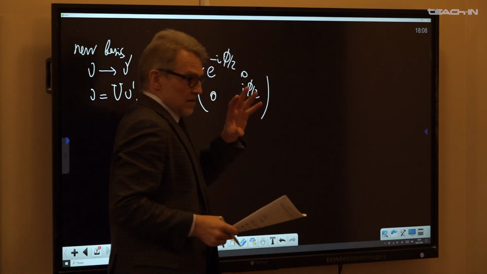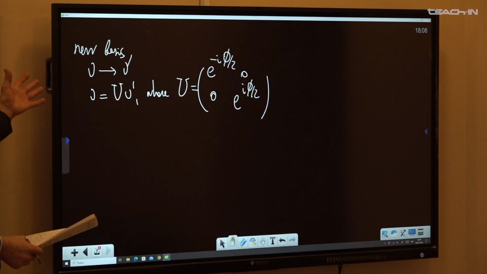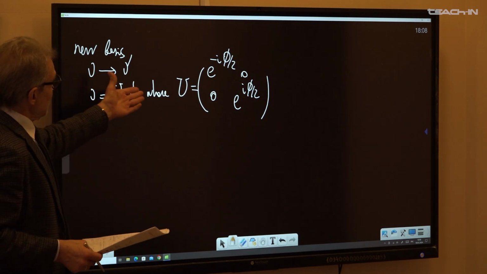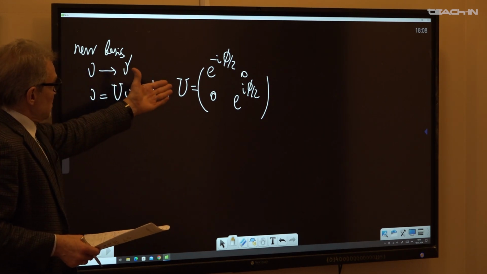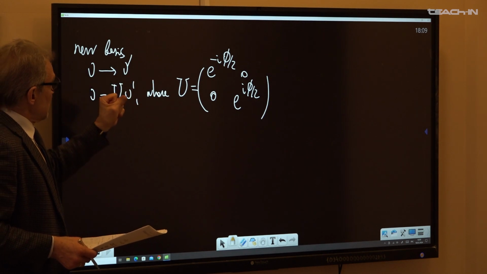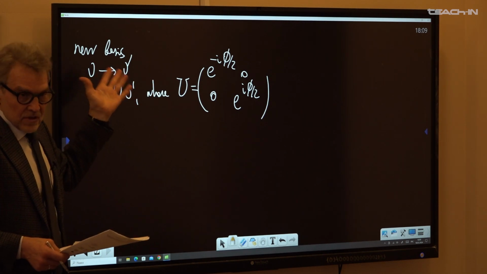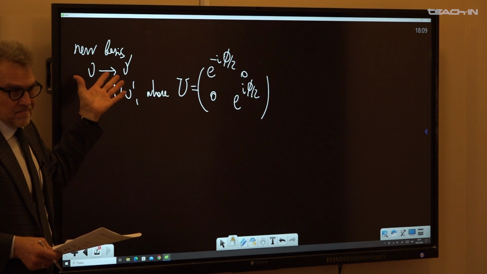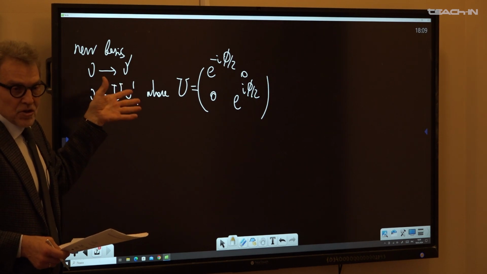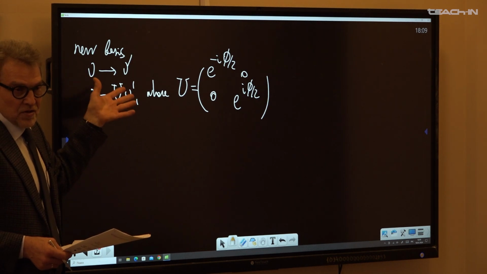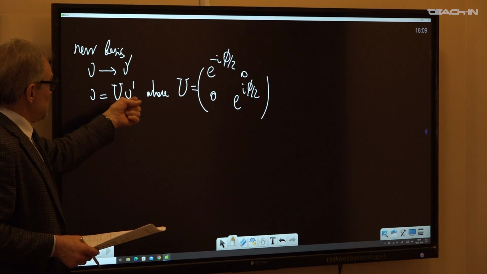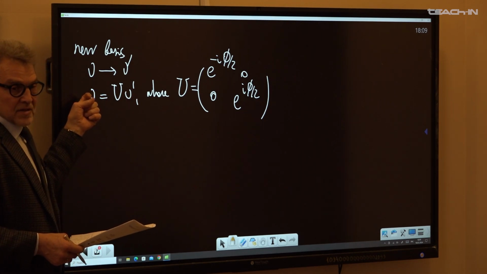So this is a transition to another basis. This is a unitary matrix, a unitary transformation, and it is possible to show that the solution of the problem of mixing and oscillation, the probability, will be the same in this basis and in this basis.